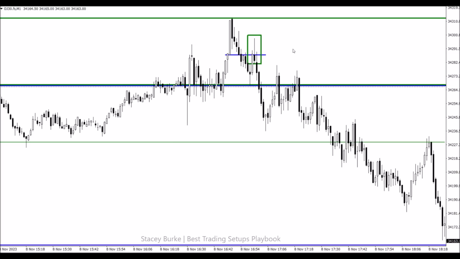The exception to that is if I am inside a parabolic coil in the middle of a move, in an existing move from one level that's already been taken out or traded through in a previous session, trading back towards another level. So timings, levels, behavior of price.